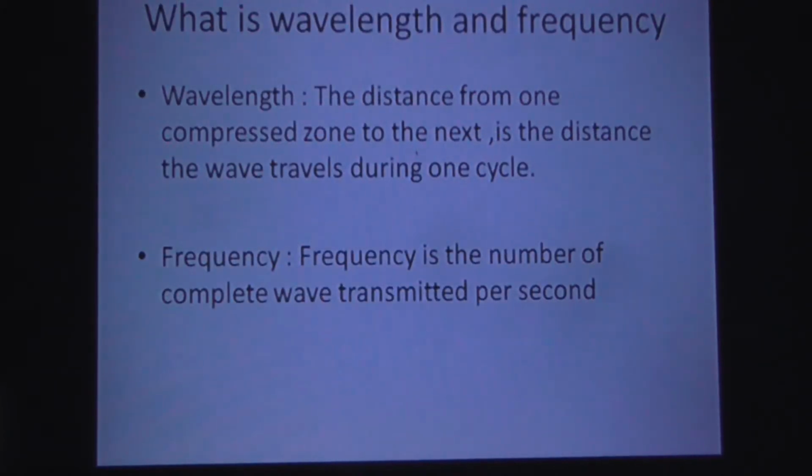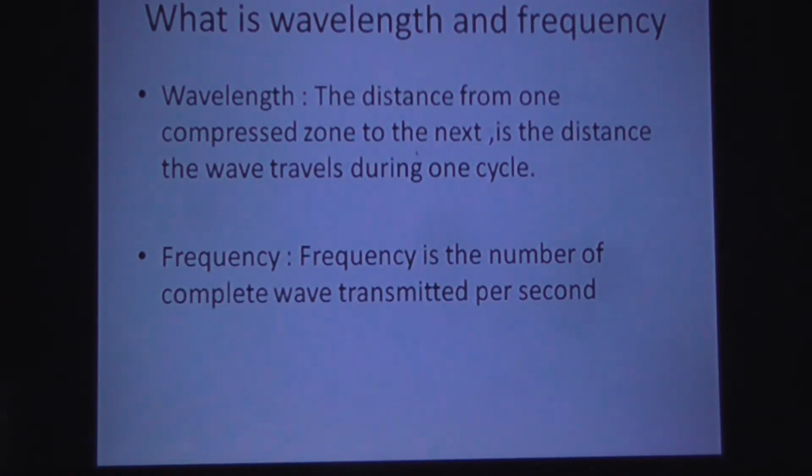Now friends, most of the time whenever we talk about sound, we talk about the wavelength and the frequency. As we see in longitudinal waves, there is a wavelength. So what is the wavelength? Wavelength is the distance from one compressed zone to the next.